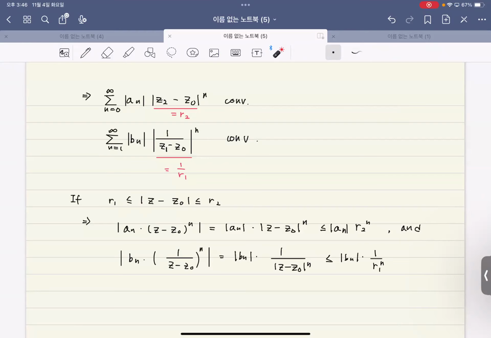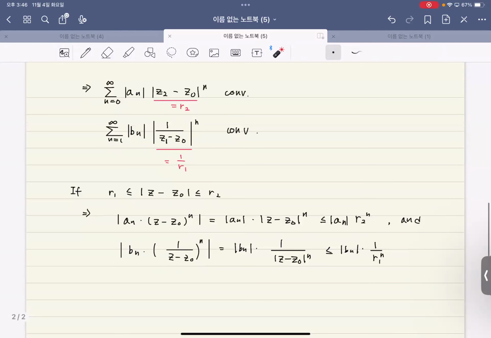Now I want to make use of the so-called Weierstrass M-test, which was part of the previous homework exercise. What is the Weierstrass M-test?